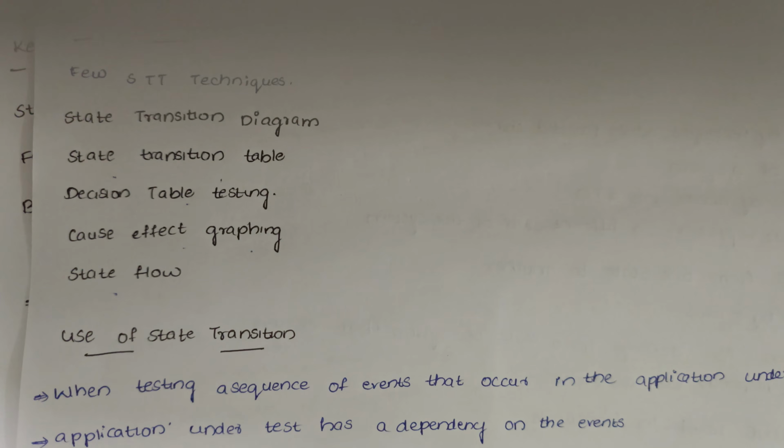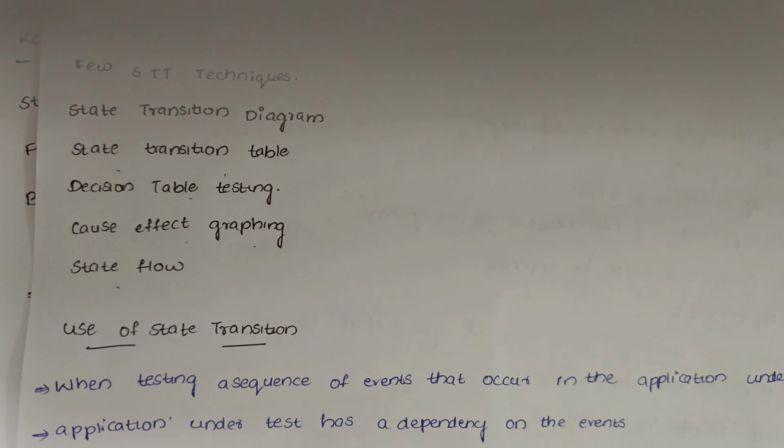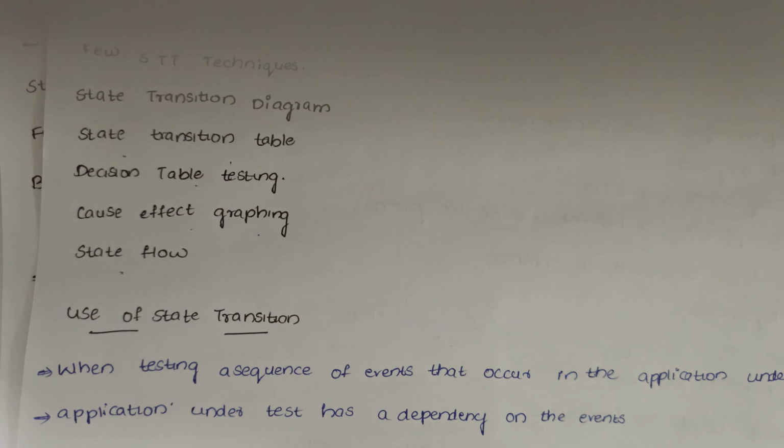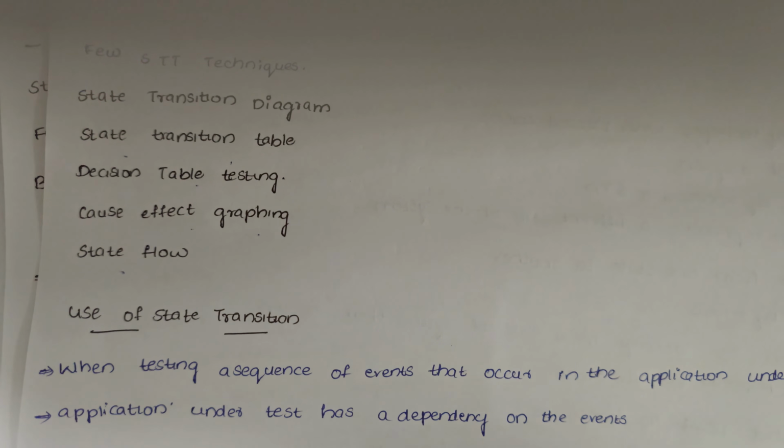And state flow is a graphical tool used to model and simulate state based systems. Finally, this state flow diagram can be used to develop and verify state based algorithms and control logic algorithms.